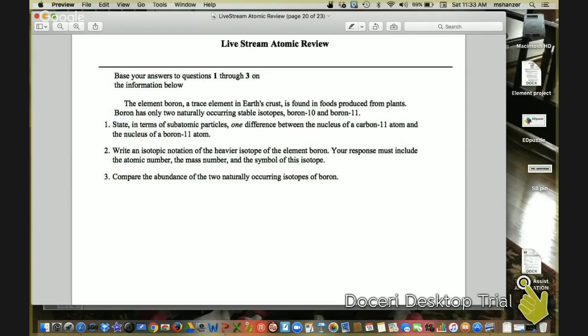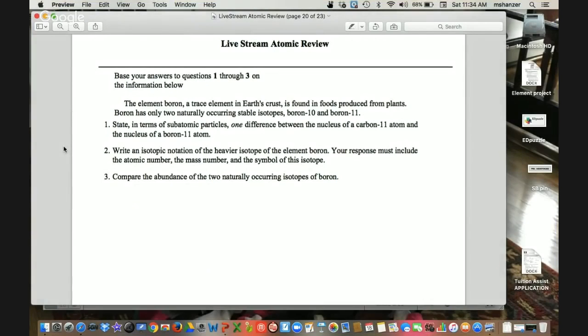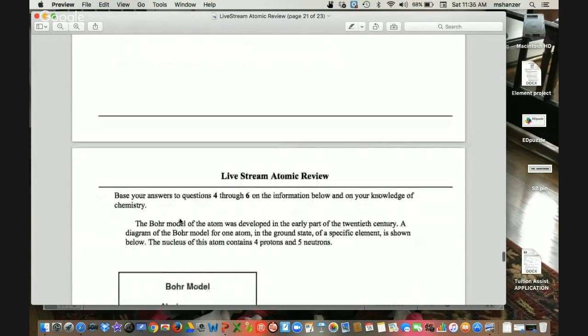And since that element has a mass number that is closer to the atomic mass of boron on the periodic table, we can easily say that boron 11 is more abundant, or we can say boron 10 is less abundant. All right, let's exit this screen for a second, and then we're going to go on to some other questions.